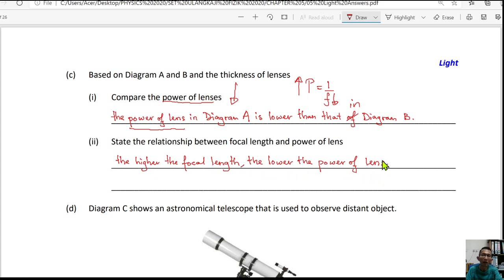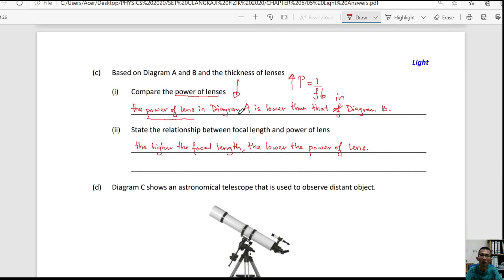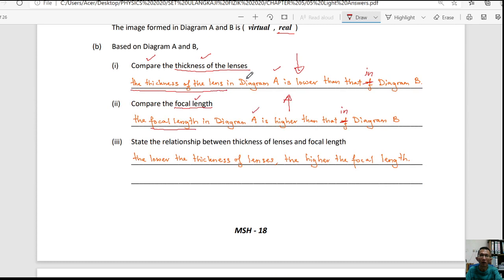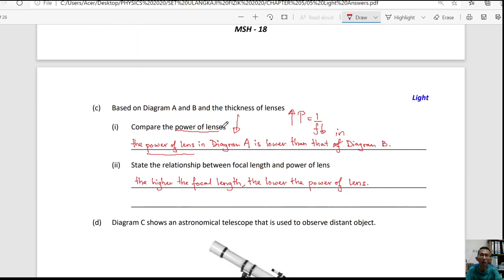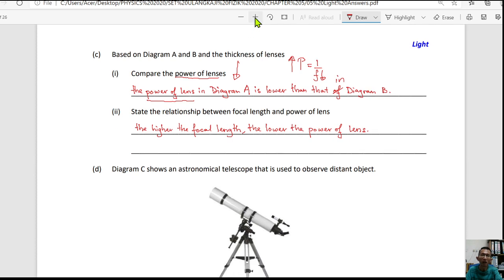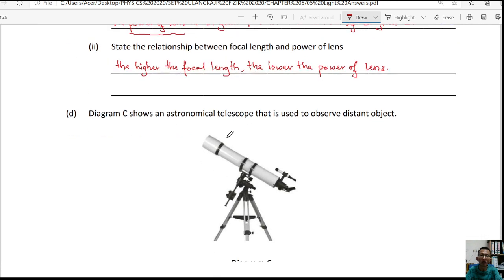Okay, can you follow? Maybe I reduce the size. You see here, focal length greater. So the higher the focal length, the lower the power of lens. Okay, I hope you can follow the explanation there. So let's continue to the next question.